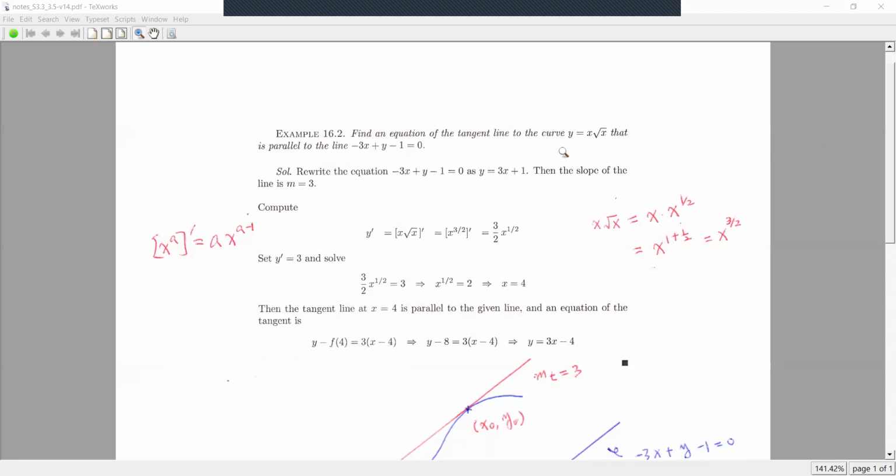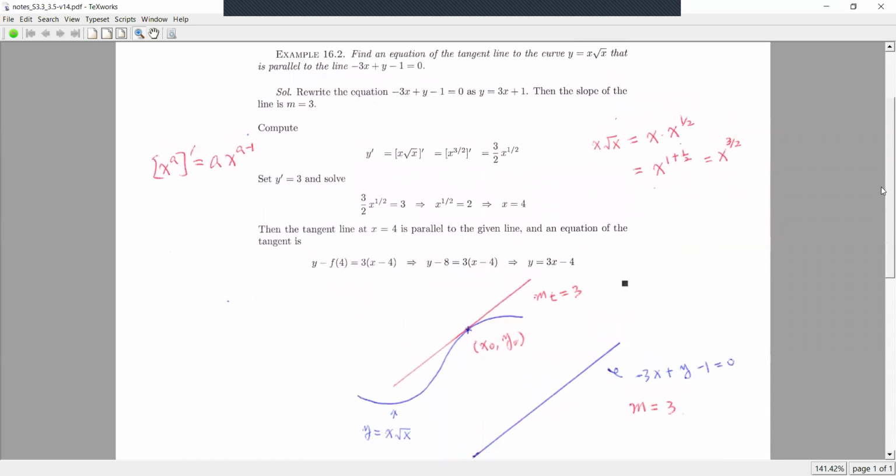To help myself answer the question, now I arbitrarily draw a curve, and suppose this curve is the graph of this function. And draw a line, and suppose this line is the given line. This line, the slope is 3.